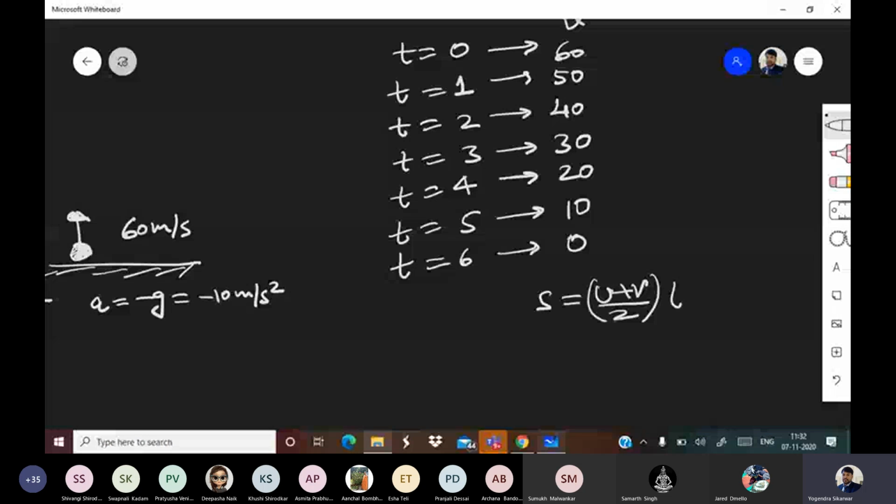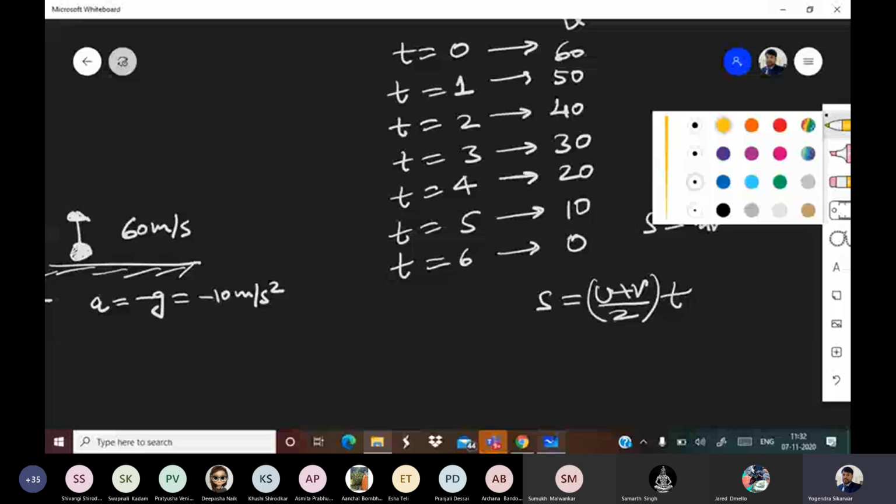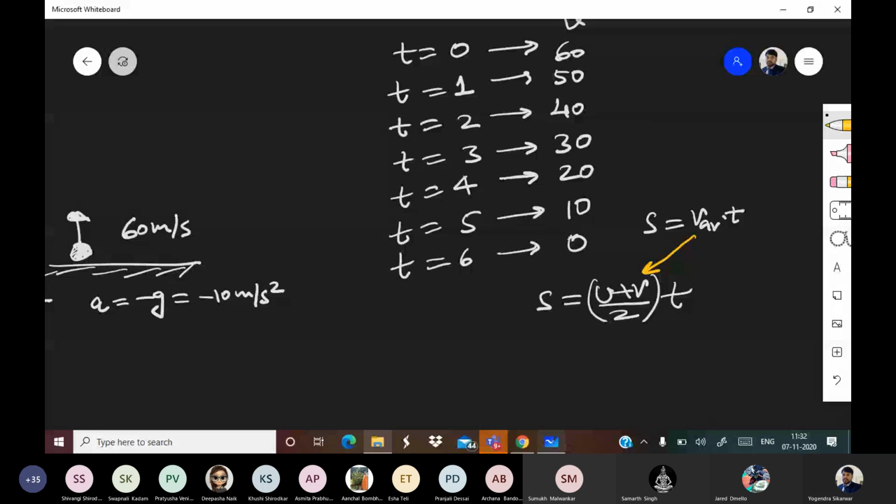We can apply this, which is basically S is equal to v average into time. And this v average is nothing but u plus v by 2. And time is as it is.